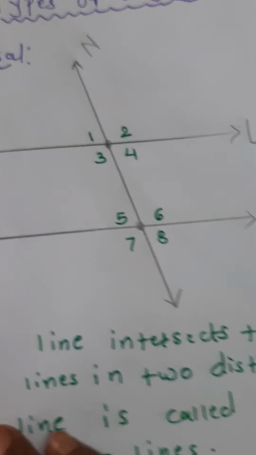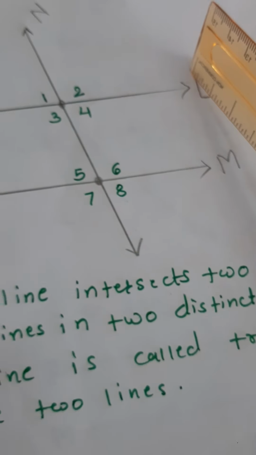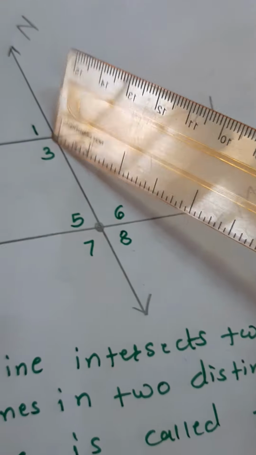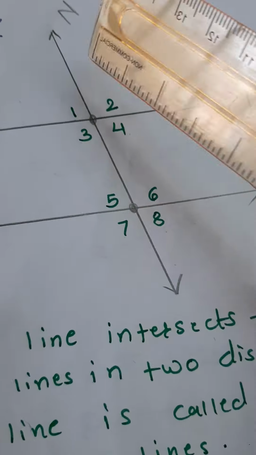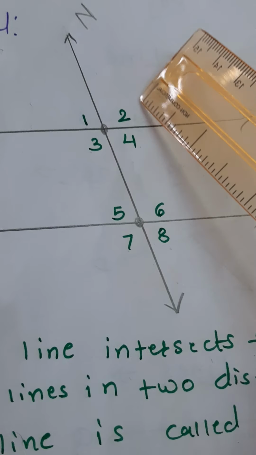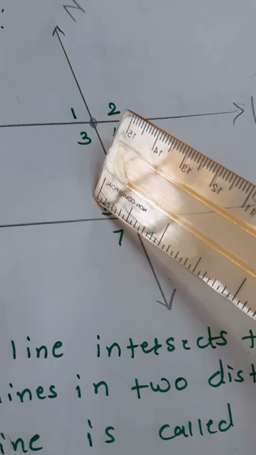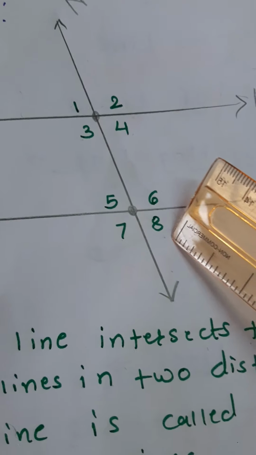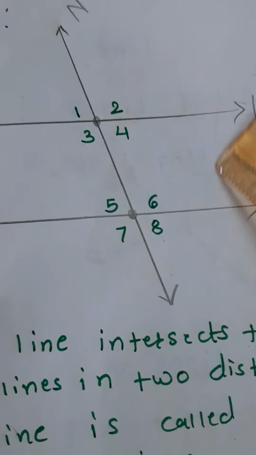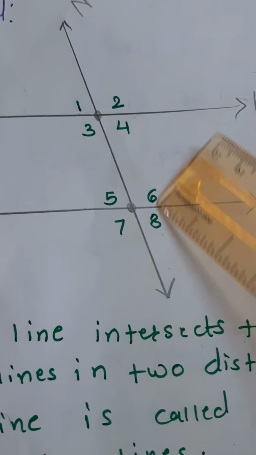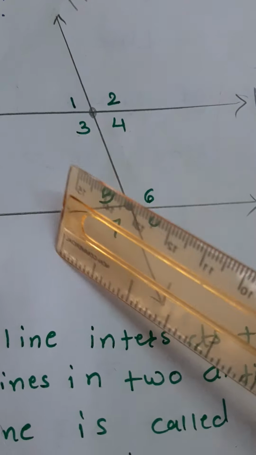When one transversal intersects two lines, a total of 8 angles are formed. Here they are shown using the numbers 1, 2, 3, 4, 5, 6, 7, 8.